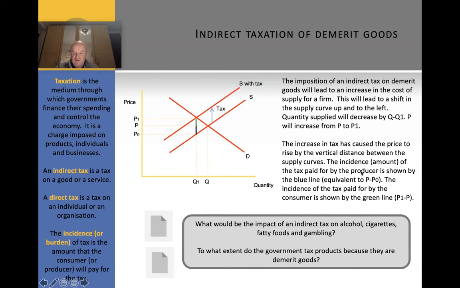Now, the incidence of the tax paid by the producer, and the incidence of tax paid by the consumer, is basically the difference, as you can see, from the original market equilibrium here.